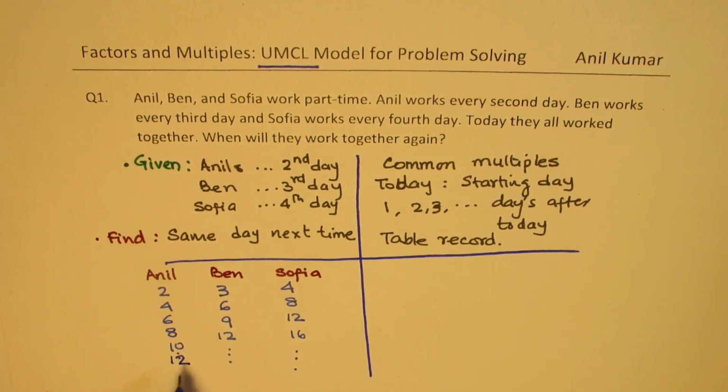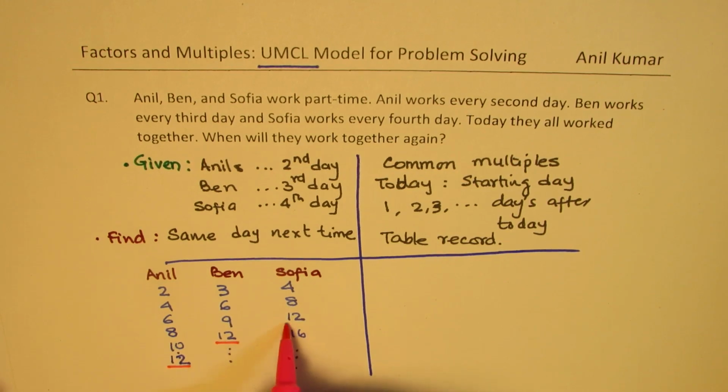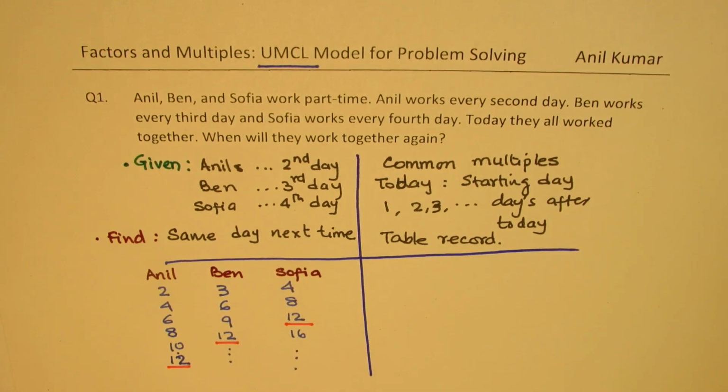We need to extend to find a common multiple. We go further, and we notice that we do get a number which is common, which is 12. Do you see that? So 12 is a common multiple of 2, 3, and 4. When we carried out our plan, we figured out that after 12 days, all will work together.